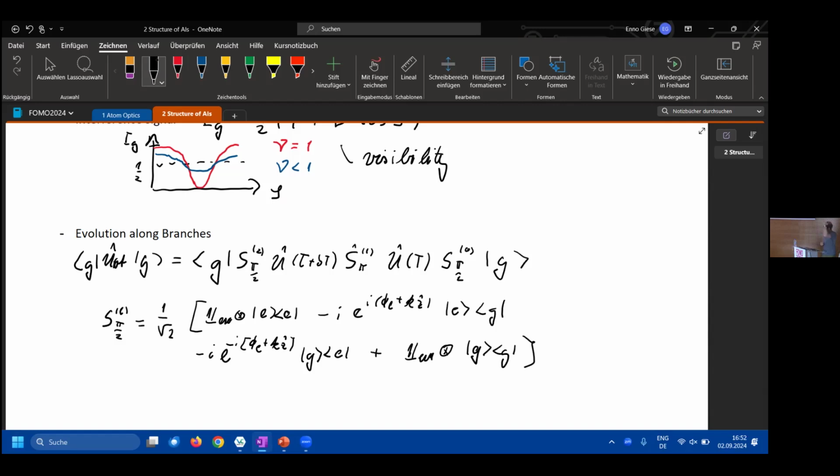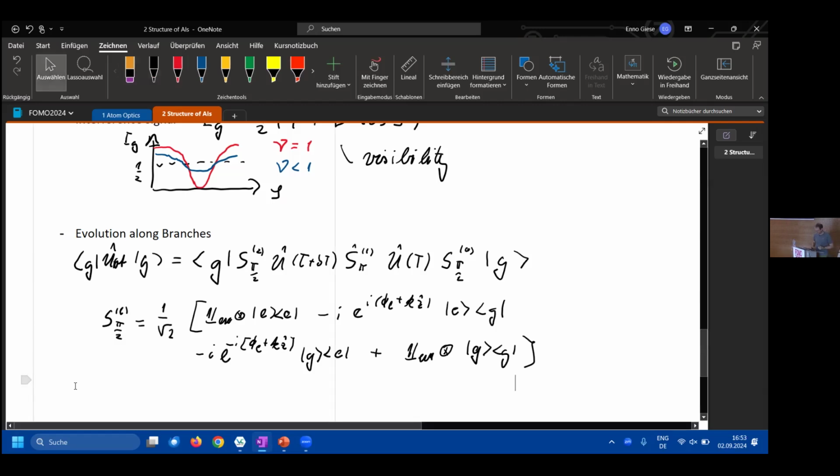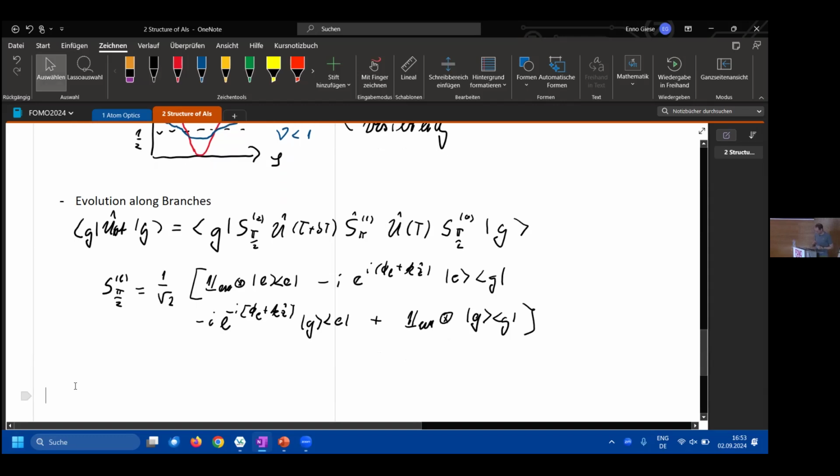Okay, so this is what we have. I will talk about the other thing later, about the mirror pulse.